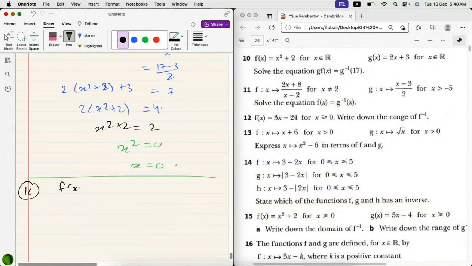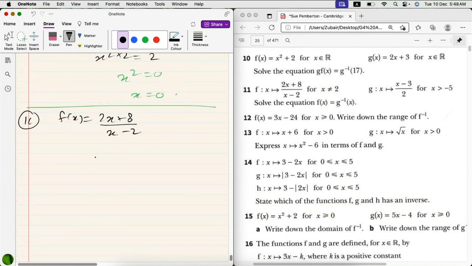Okay. f of x is 2x plus 8 by x minus 2, where x is not equal to 2, so that the denominator is never 0. And g of x is also given as x minus 3 by 2. I have to find f of x equals g inverse x.